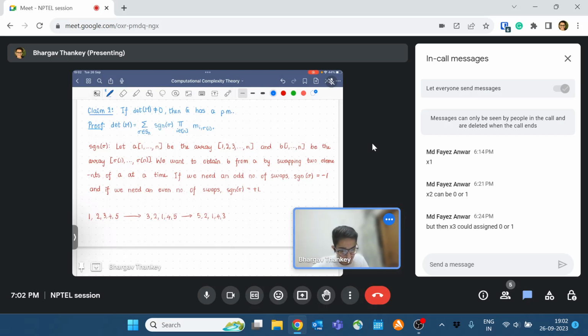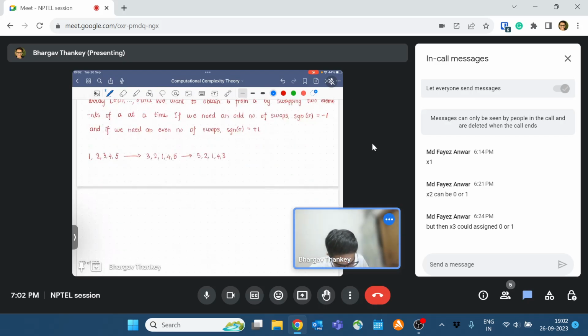So if the determinant is non-zero, there exists a sigma in S_n such that the product over i in [n] of M_{i,sigma(i)} is not equal to zero.